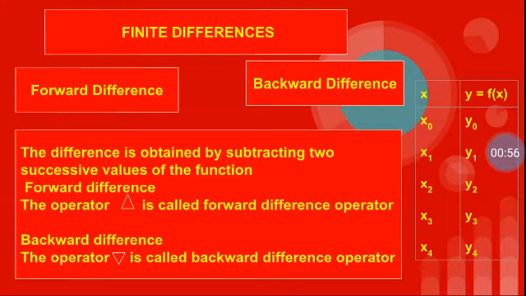If the values of x are given as x0, x1, x2, x3 and x4, and the value of the function f of x0 is y0, f of x1 is y1, f of x2 is y2, f of x3 is y3, and f of x4 is y4, then subtracting two successive values of the function, that is y1 minus y0, or y2 minus y1, or y3 minus y2, and y4 minus y3, is called the difference.